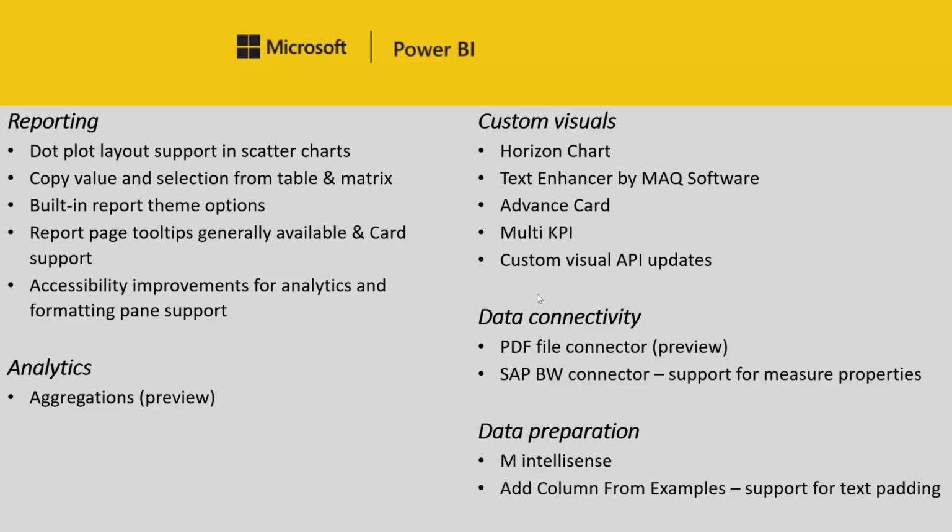If it was a double digit like 50, it would read 050, and 100 would not get any zeros because it's already 3 digits. That's text padding, and you can now do that through the Add Column from Examples feature. And of course, you can mix that with all of the other great examples we support in the Add Column from Examples feature, so you can mix and match all in one new column.